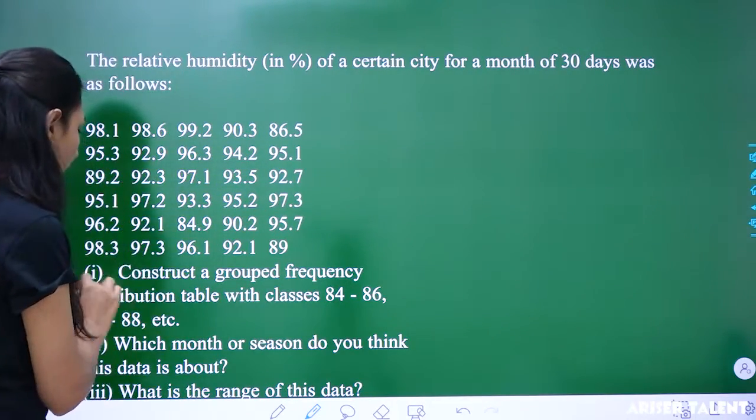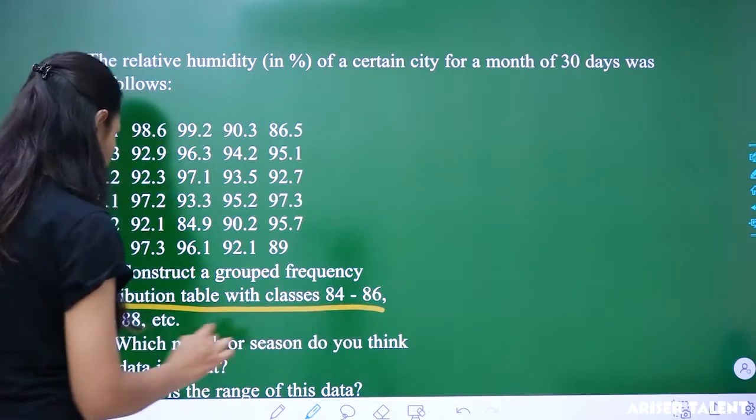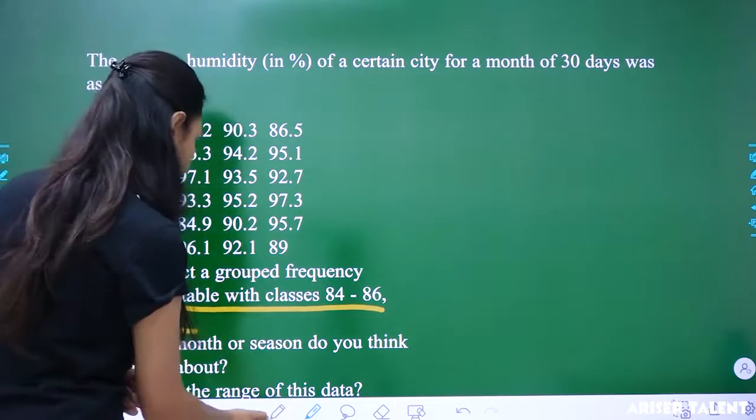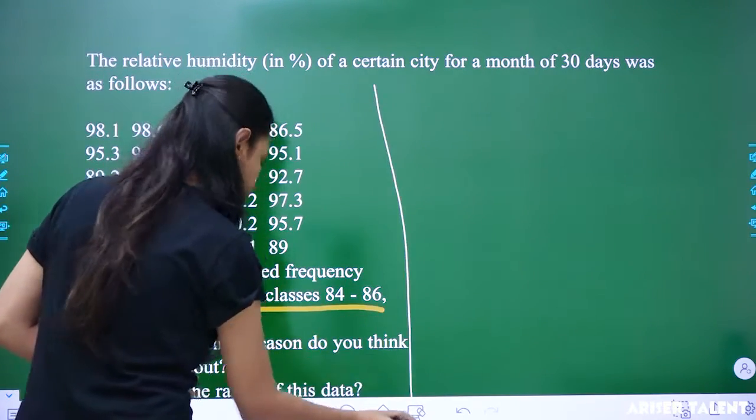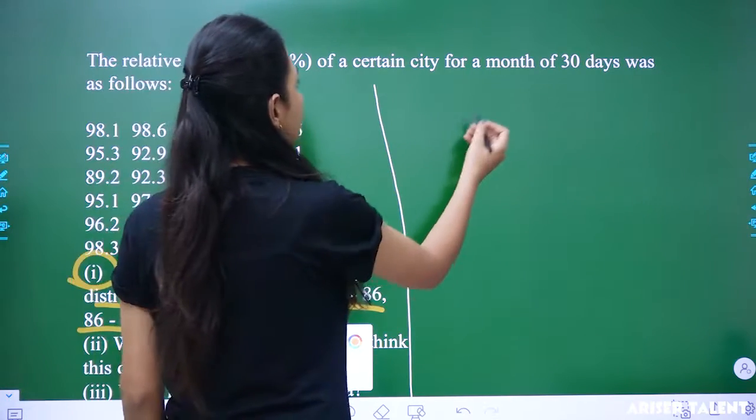Now construct a grouped frequency distribution table with classes 84 to 86, 86 to 88, etc. So first come first. Now, what we are having?